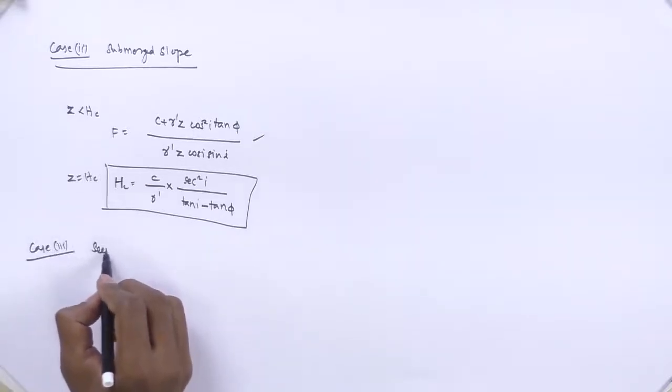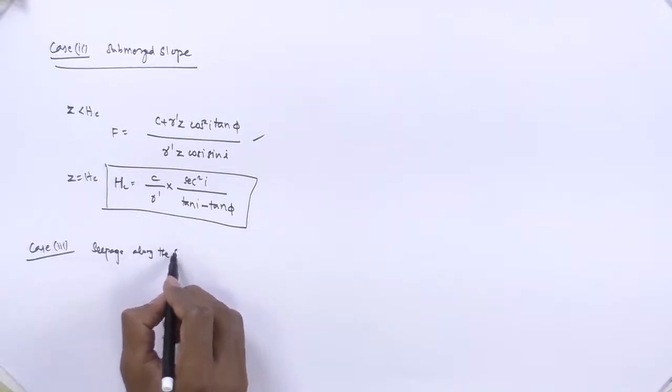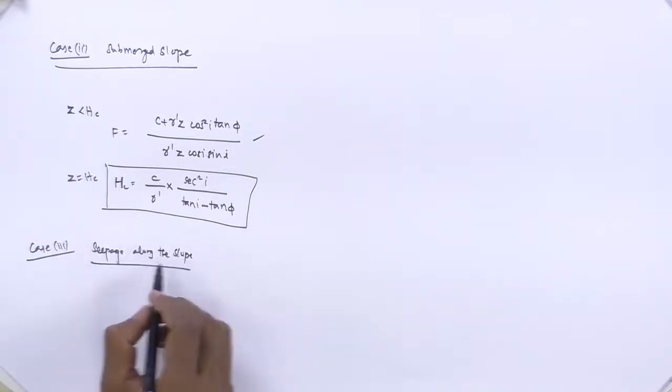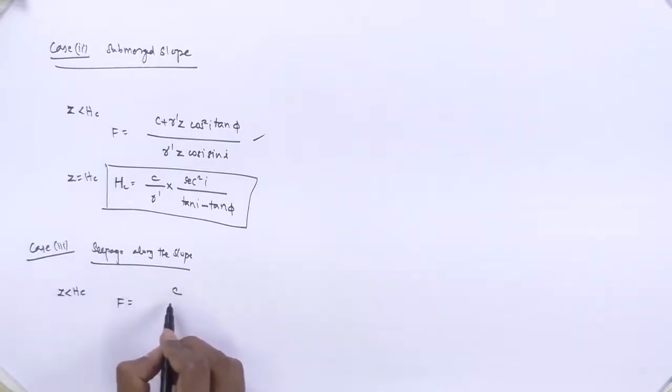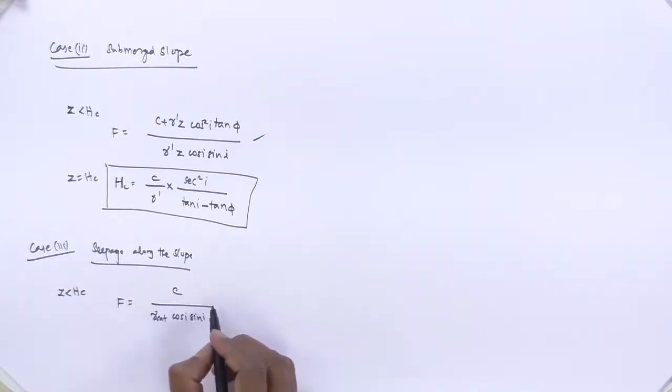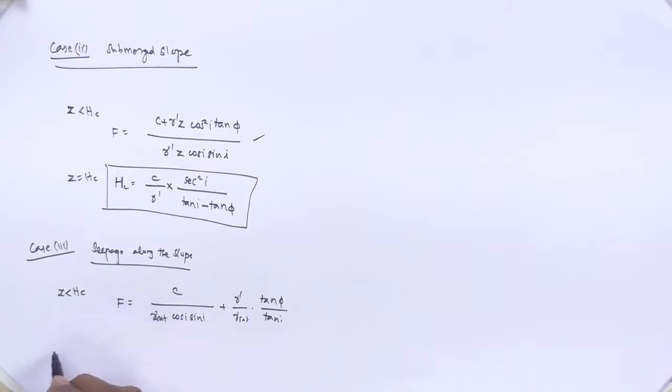Let me write case 3, seepage along the slope. In seepage along the slope, z is less than hc, so F is written as c divided by gamma sat cos i sin i plus gamma dash divided by gamma sat into tan phi divided by tan i.